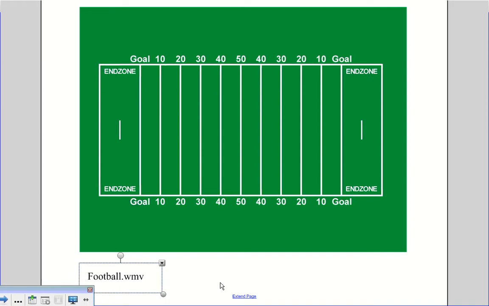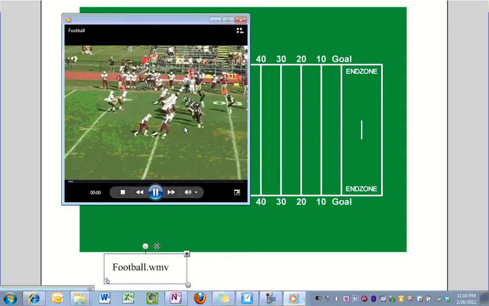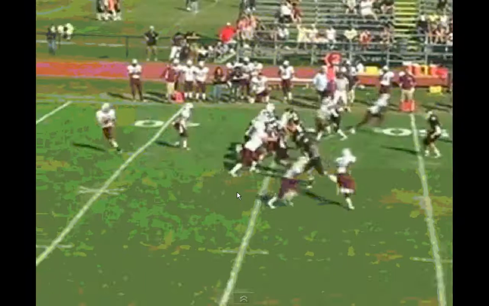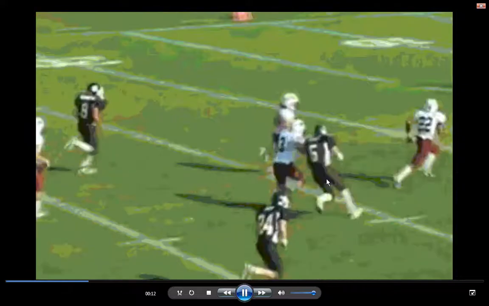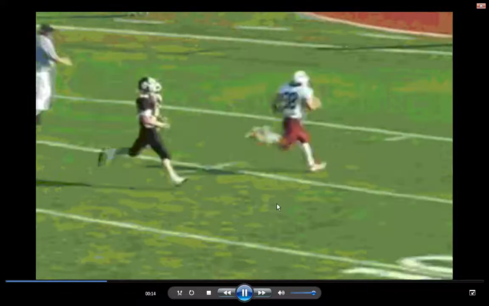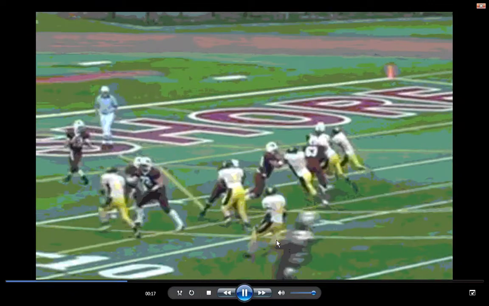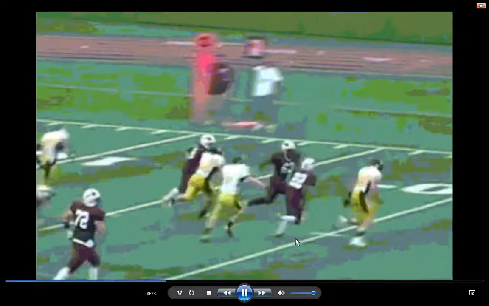I'm sure you have watched football and seen someone have to run all those yards to get from one side to the end zone and then make a goal. Let's take a look at what that looks like. Look at that. Those big lines represent every 10 yards. See how it takes them a while to run across all those yards?